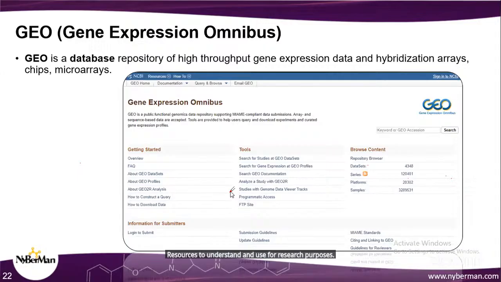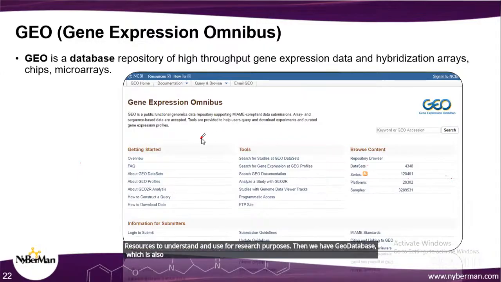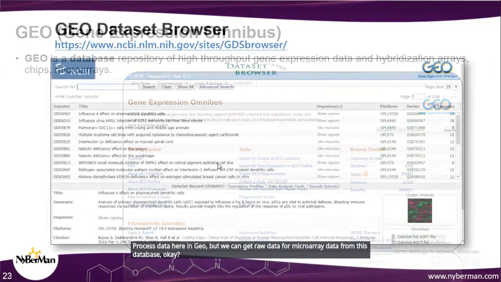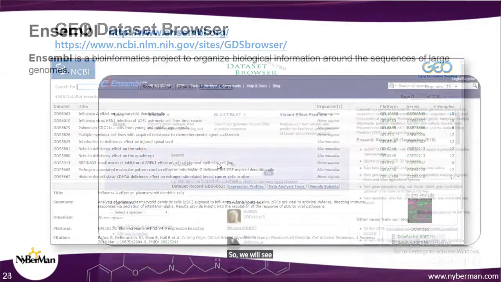Then we have the GEO database, which is also a standalone database, and is also included within NCBI, where we can search for microarray based data, and also RNA data. But RNA data will be processed data here in GEO, while we can get raw data for microarray data from this database. We will see during practicals.